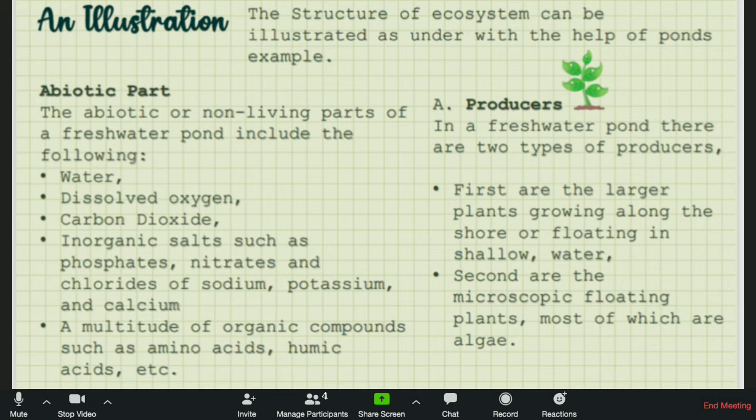They are usually not visible. They are visible only when they are present in great abundance, giving the water a greenish tinge. Phytoplankton are more significant as food producers for the freshwater pond ecosystem than are the more readily visible plants.